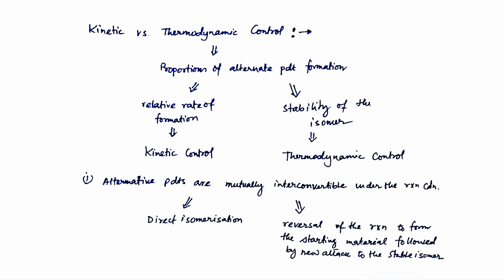In another case, you see generation of a different product. So kinetic versus thermodynamic comes only when there are alternate product formation possibilities. Among those two or more possible products, if it is based on the relative rate being higher, then it is kinetically controlled. We call those reactions kinetically controlled reactions.